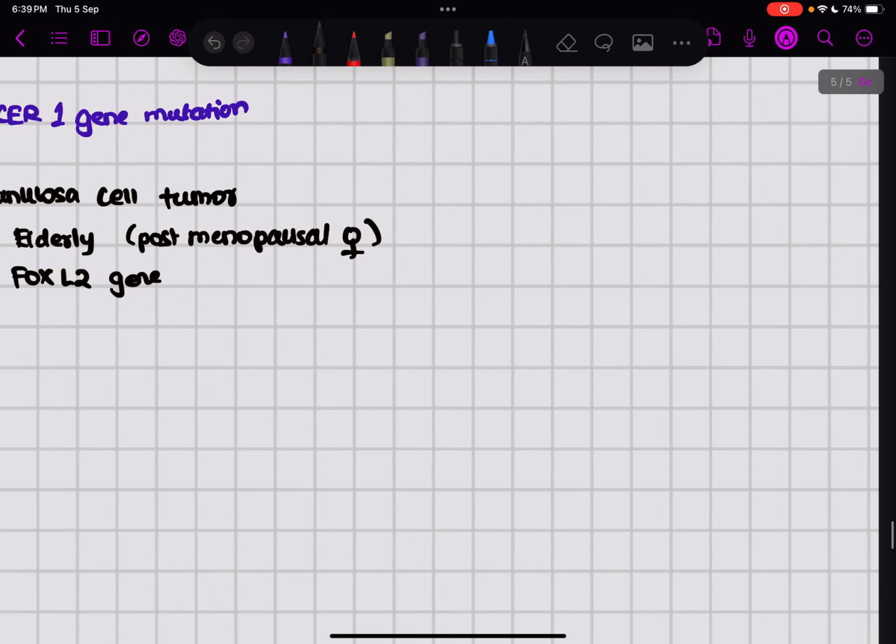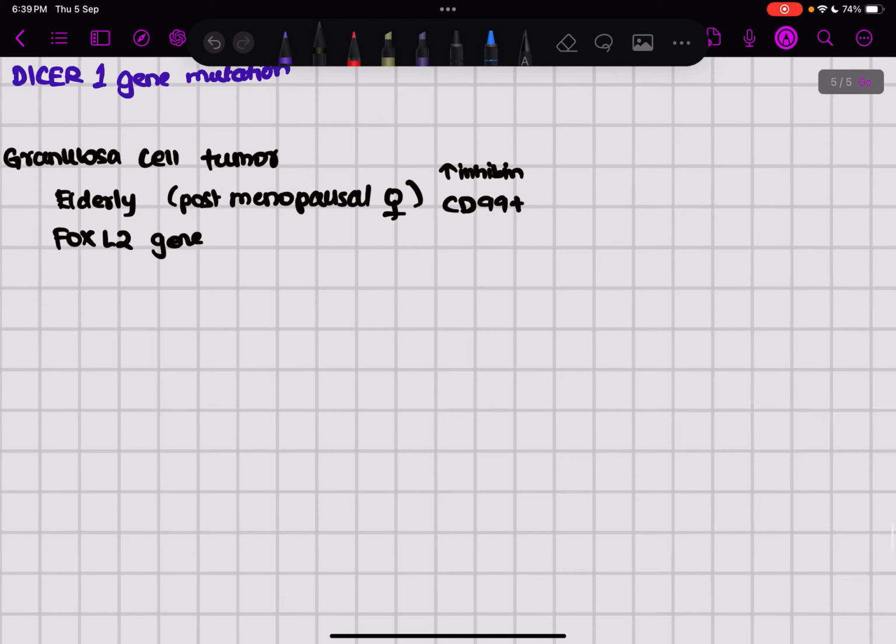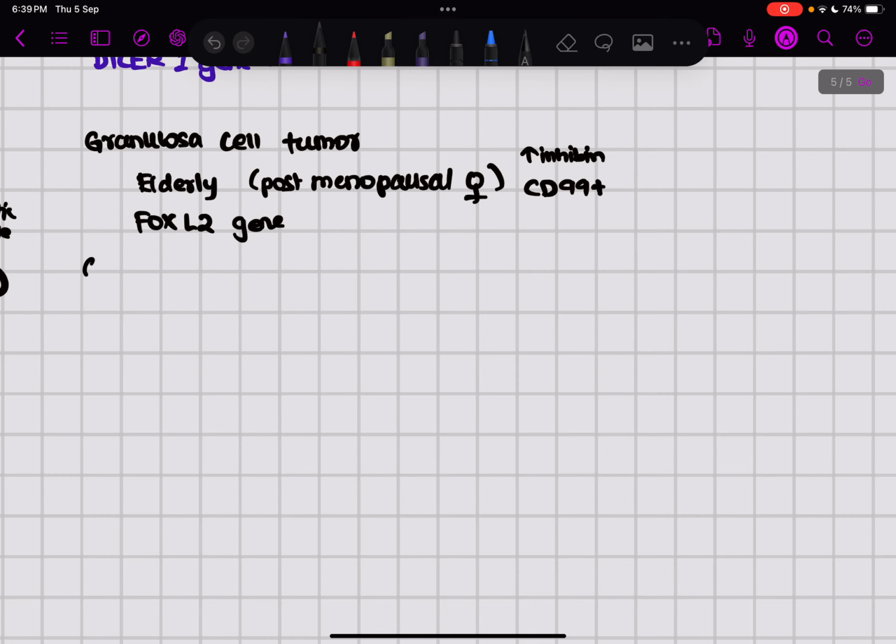There is an increased level of inhibin, and there is CD99 positivity. On gross, you can see a yellow tumor, whereas in the blood you can find increased estrogen levels.